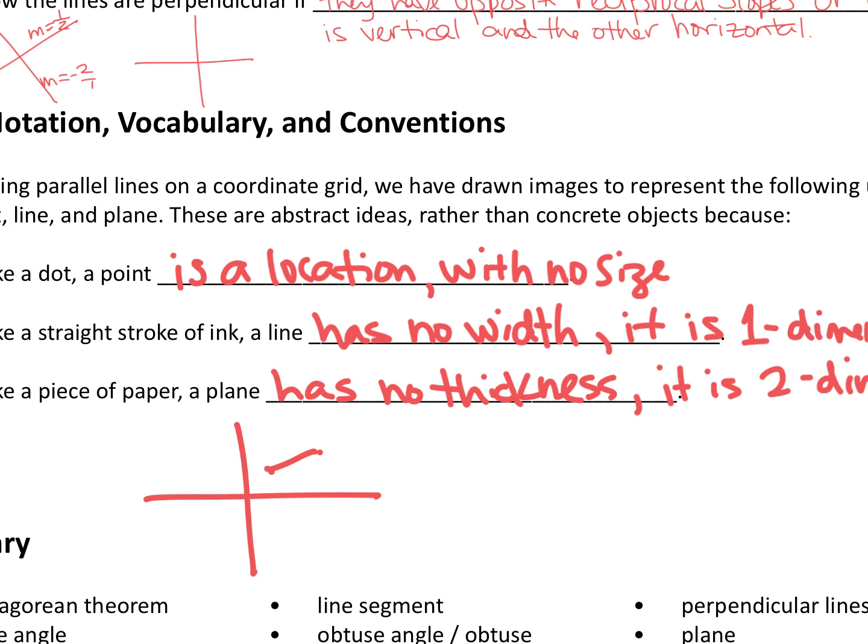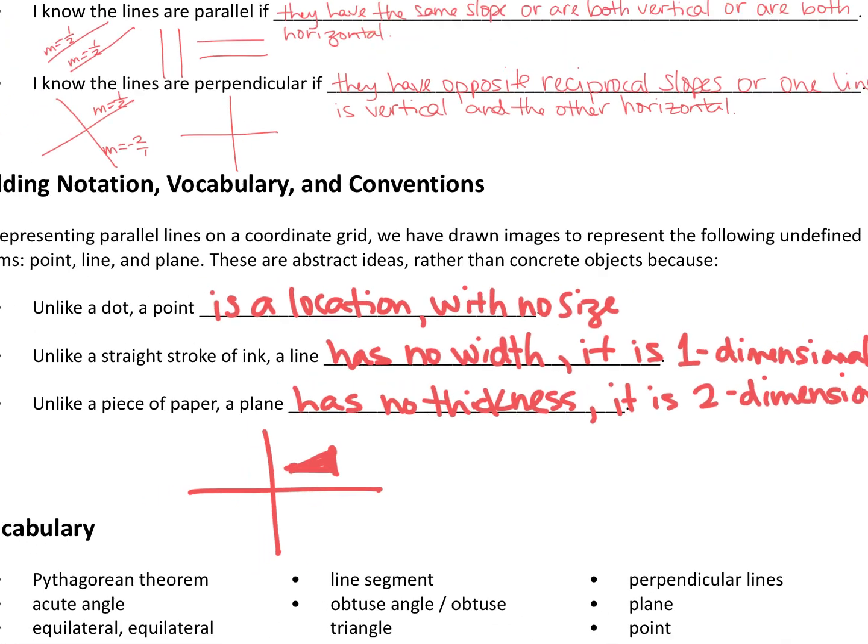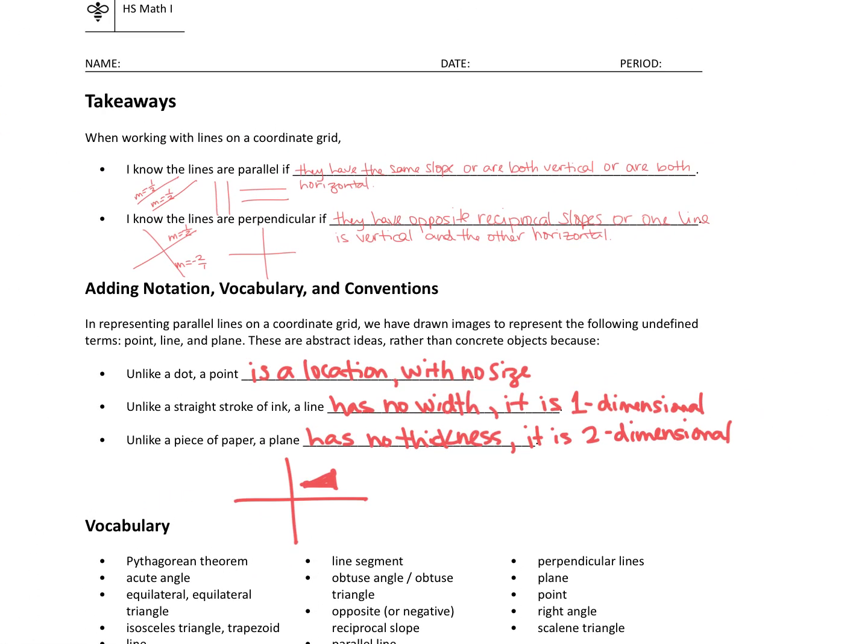It goes from this point to this point. Now a plane is when I connect three or more points. So that's the plane right here. It is two-dimensional. It has no thickness to it, but it is considered a plane on your coordinate grid. Okay, so I hoped that this made sense, and I wish you best of luck on your practice.